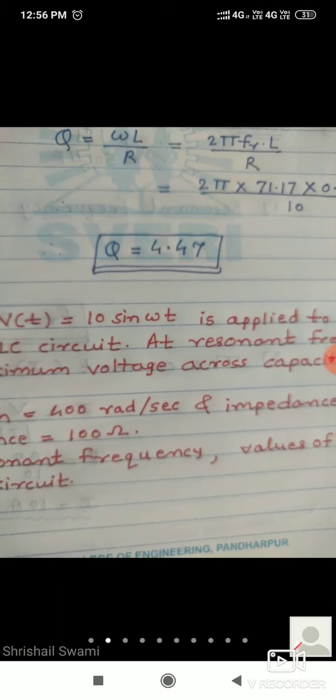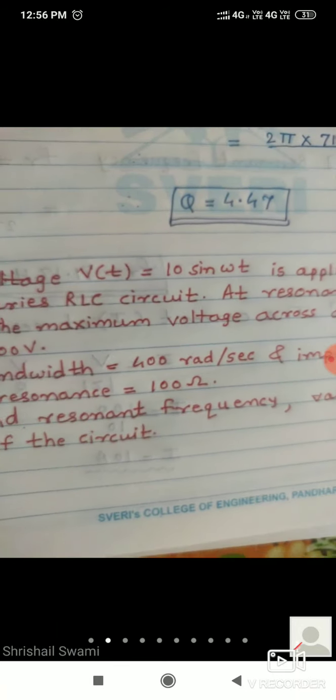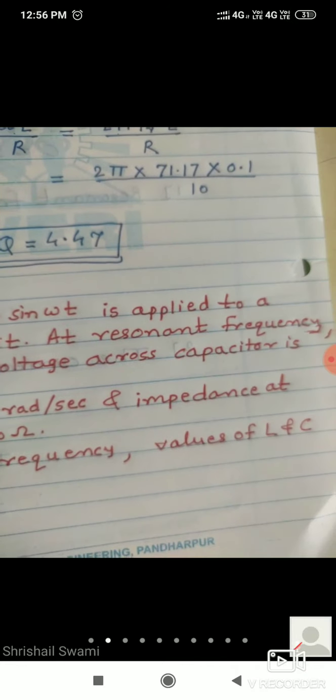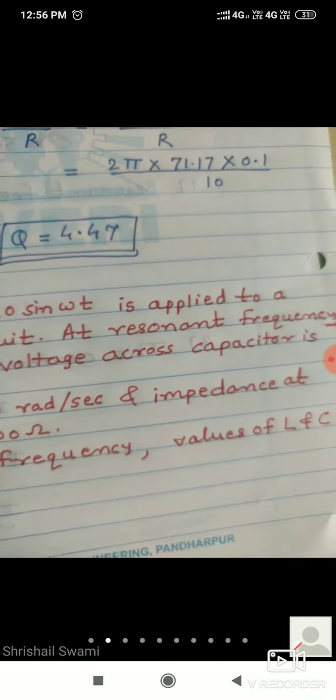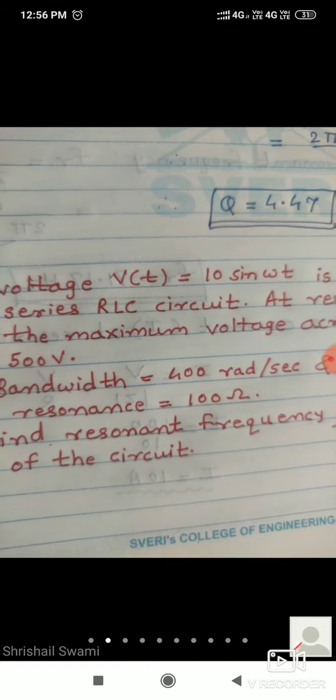A voltage V of t equal to 10 sin omega t is applied to a series RLC circuit. So this problem belongs to the series RLC circuit, that is the series resonance circuit. Next, at resonant frequency the maximum voltage across the capacitor is 500 volt.